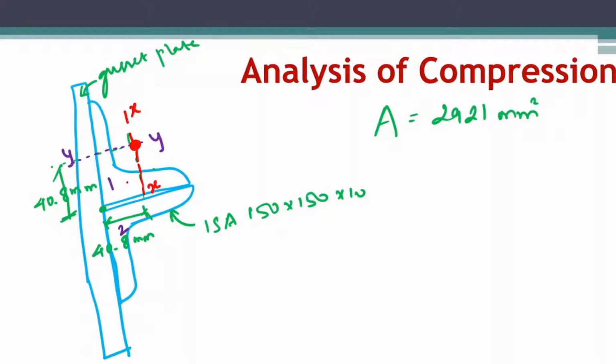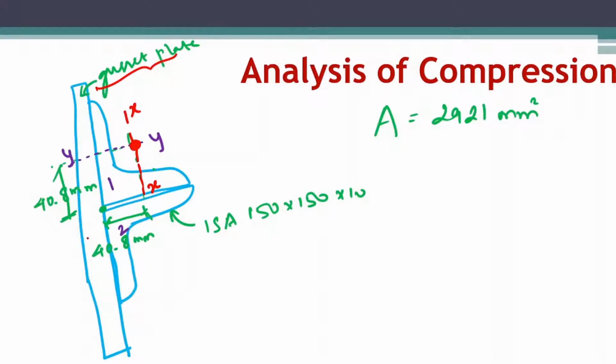Now we don't have an individual angle section as a compression member. We have two angles attached together back to back on the same side of the gusset plate. This acts as a compression member combined together. Don't include the strength of the gusset plate for calculating the strength of the compression member, because the gusset plate is only there in the connection.